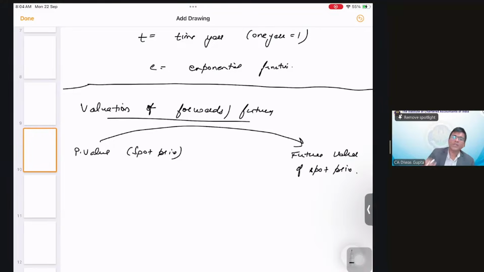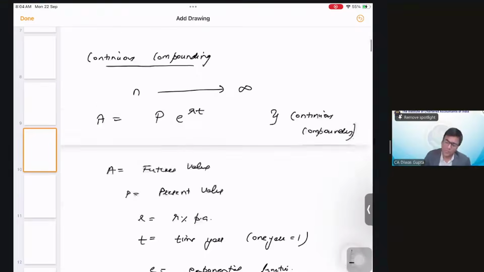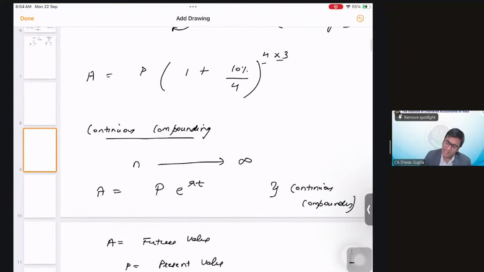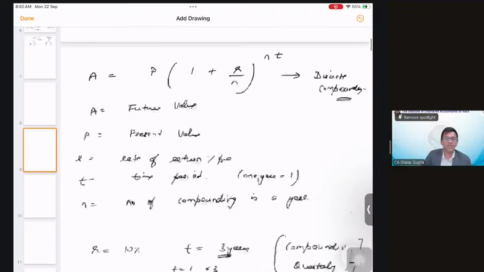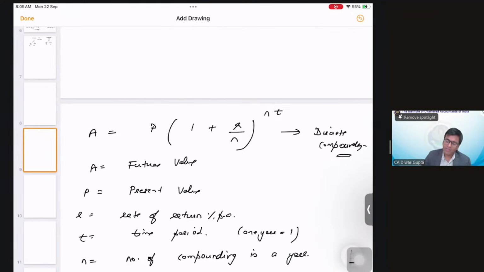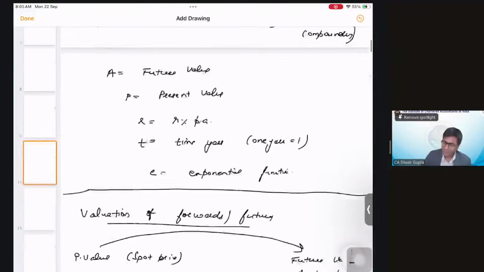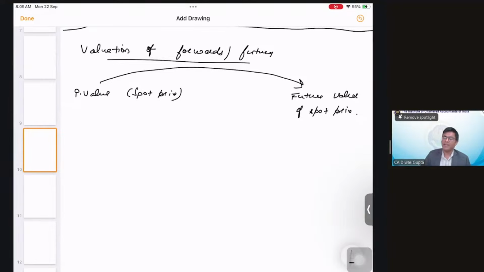Using the above formulas, you can just take the present value. The spot price, which is the underlying price as on today, is called the present value, right? It can easily be transformed into the future value using the above two formulas. In case there is continuous compounding, we can use this. In case there is discrete compounding, we can use this, correct? So using that, can we arrive at the future value of the spot price?